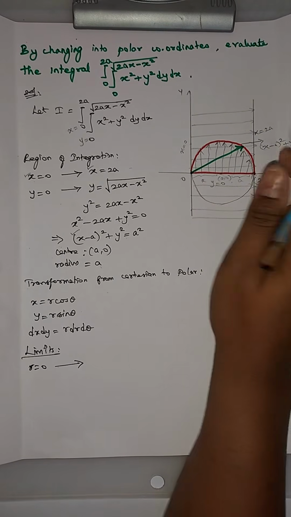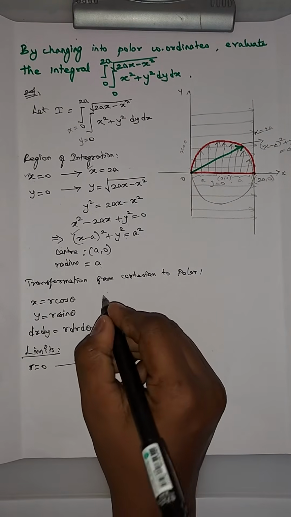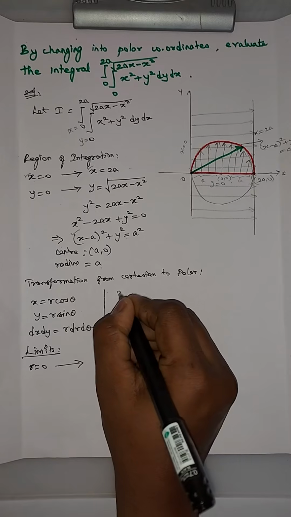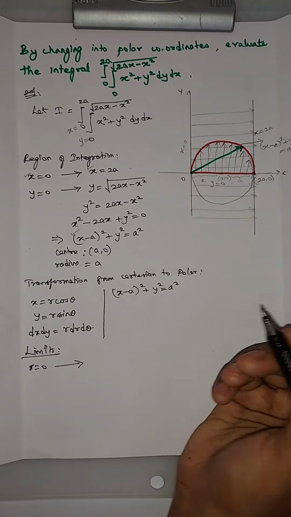We need this in the form of polar. So x minus a the whole square plus y square is equal to a square.